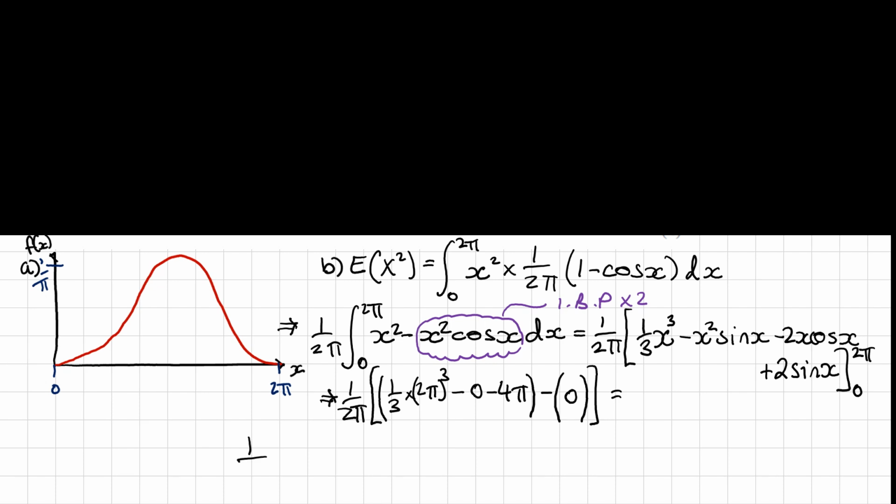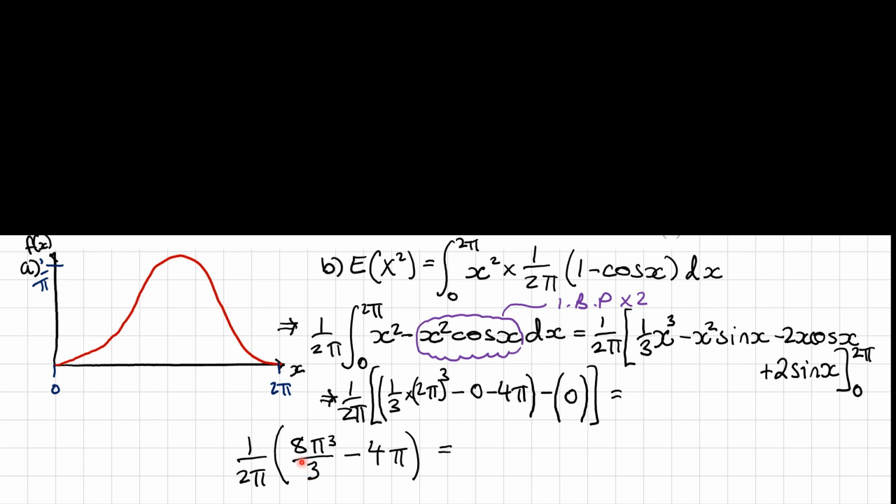Right, let's simplify this and see what we get. So you've got 1 over 2 pi, and then in the brackets, this bit here will become 8 pi cubed over 3, and we're subtracting 4 pi. So what we're going to do now is divide everything in the brackets by 2 pi.